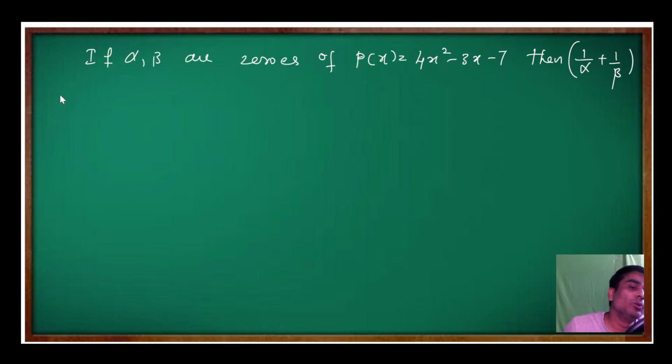So first of all, what do you mean by 1 by alpha plus 1 by beta?